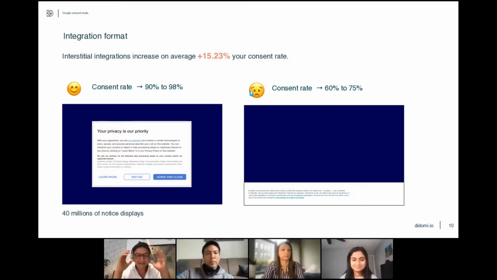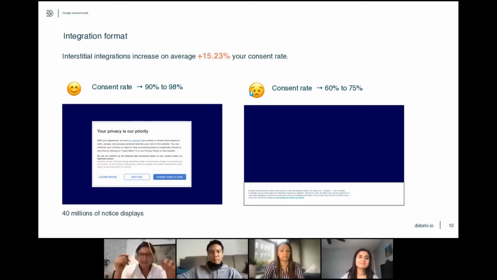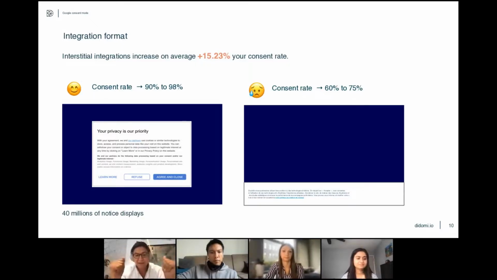We can see half of the website and consume the content, but we have this annoying banner at the bottom asking me something, and I just want to close it. In the first case, I arrive at the website and a question is asked to me clearly, and I have to make a real choice. In this case, the consent rate is much higher than what we observe with banners.